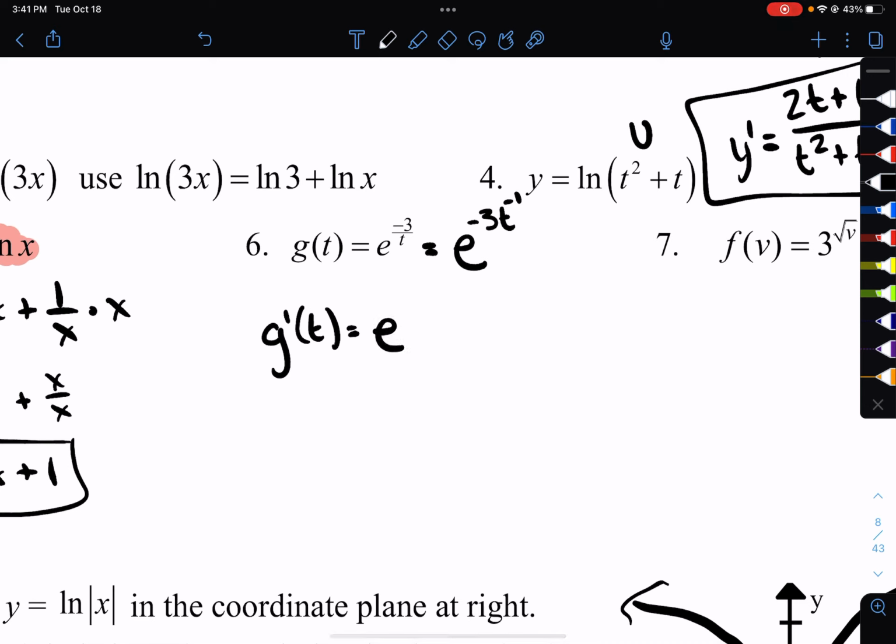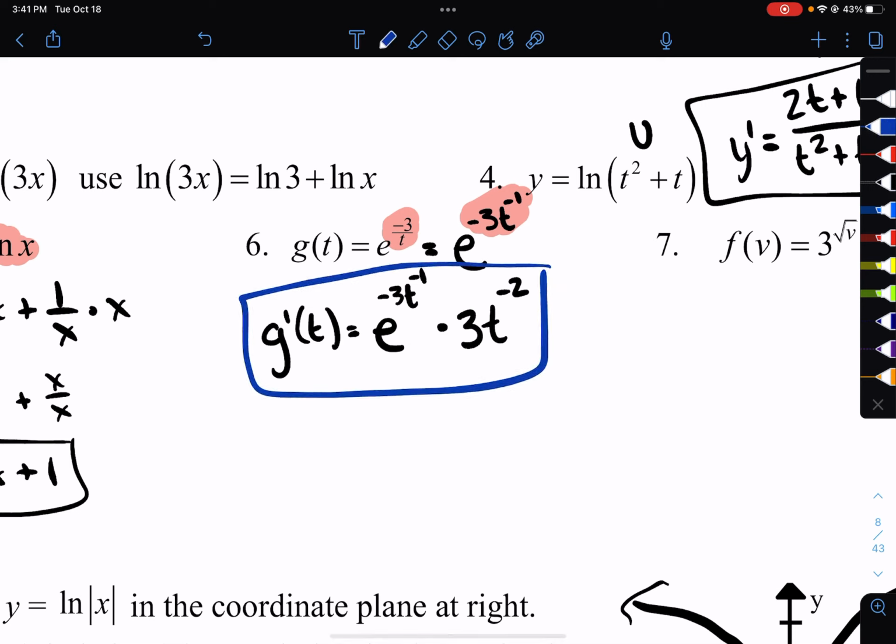It said to just take e and keep everything the same. But then I have to multiply by the derivative of this part. So I'm going to multiply by, I drop the negative 1 times negative 3 is 3. This becomes t to the negative 2. And I would be pretty happy with that answer right there. The derivative of the outside stays the same times the derivative of the inside.